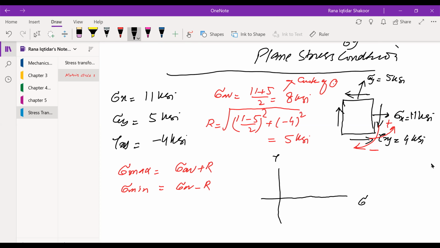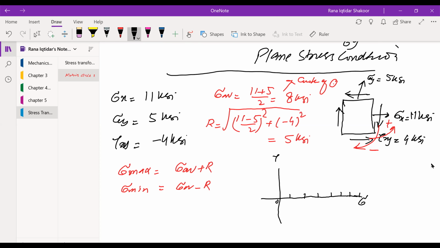Now if this is 2, this is 4, this is 6, this is 8, this is 10, then 12, then maybe 14, right? So you will go from 0, and sigma average will be the center.